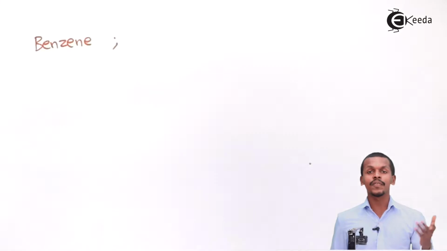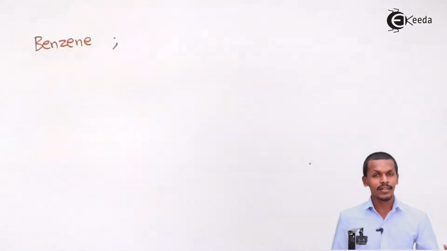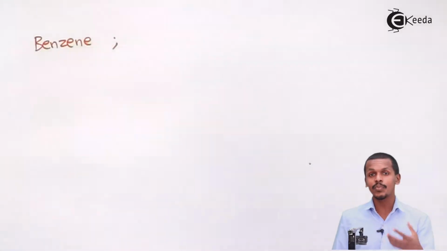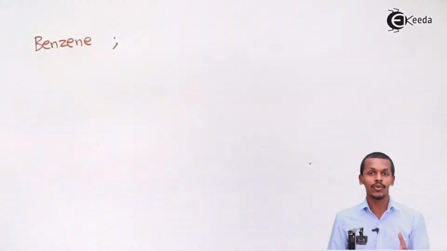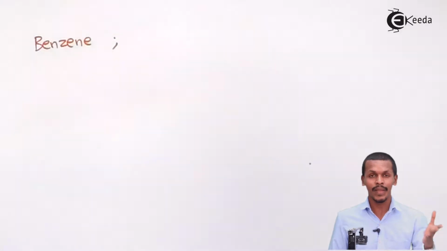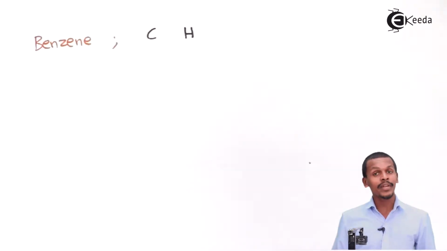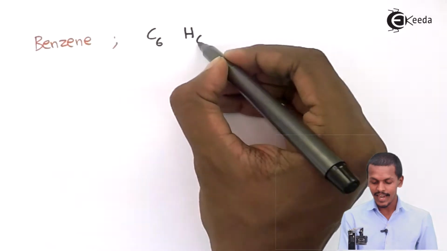Benzene consists of 6 carbon atoms and 6 hydrogen atoms. This gives us the precise, exact value of the atoms present in benzene, and which kinds of atoms are present: 6 atoms of carbon and 6 atoms of hydrogen.